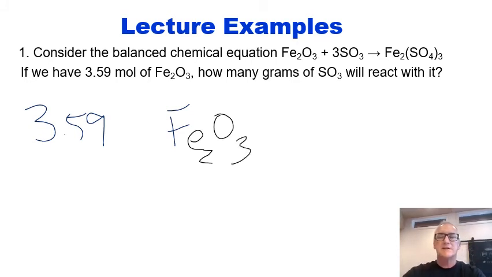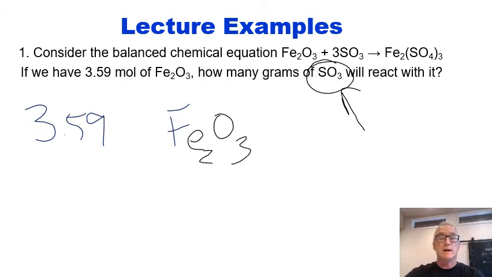And then we're asked how many grams of sulfur trioxide will react with that. So that means there's 2 things we need to figure out. First, we need to figure out how many moles of sulfur trioxide will react with it. And then second, we need to convert those moles to grams. Let's do the first one. Always do the first thing first. Always do the mole to mole relationship first.